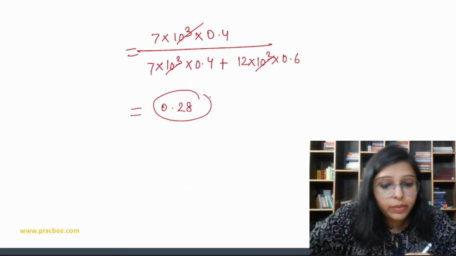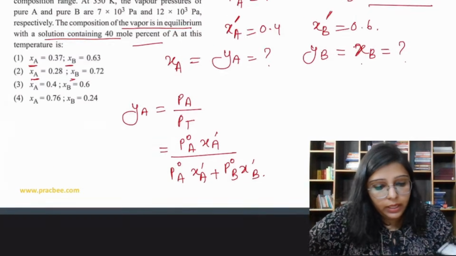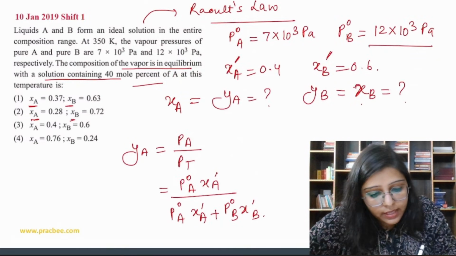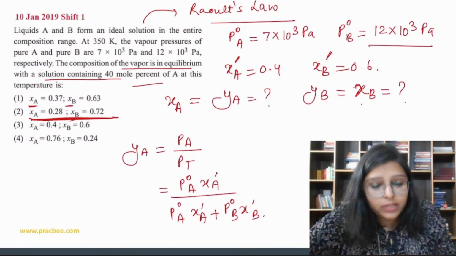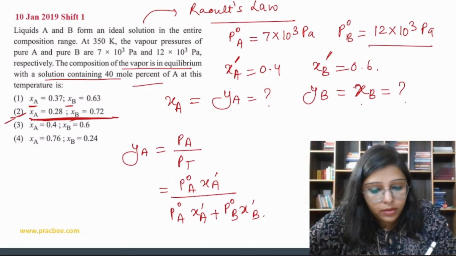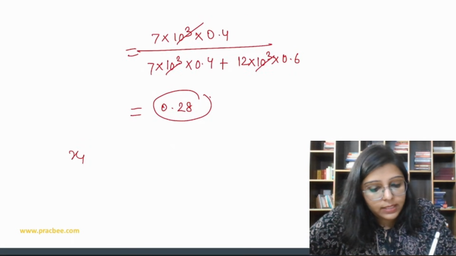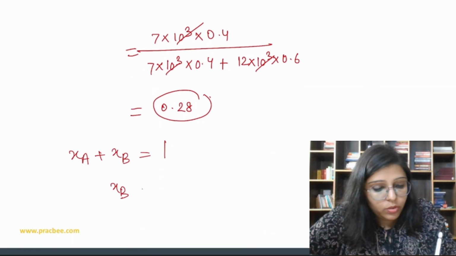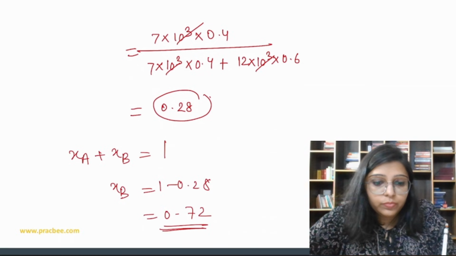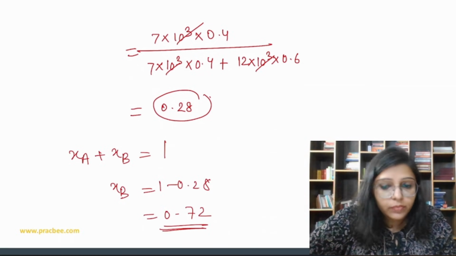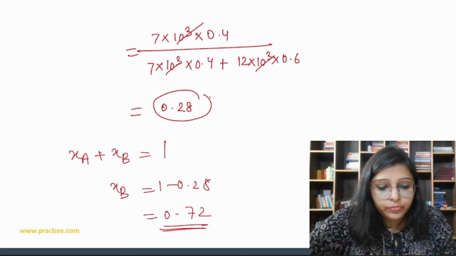On solving this you get 0.28. Okay? So if YA is 0.28, so YB is 0.72. Why? Because YA plus YB is equal to 1. So YB is equal to 1 minus 0.28, which is equal to 0.72. Okay, clear? Now let's do next question.